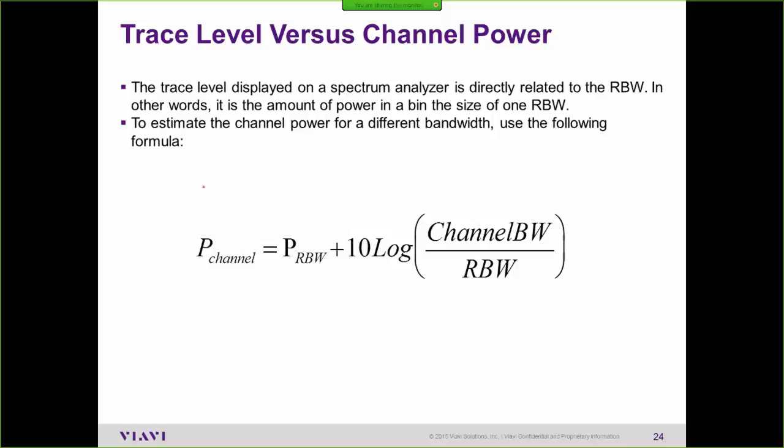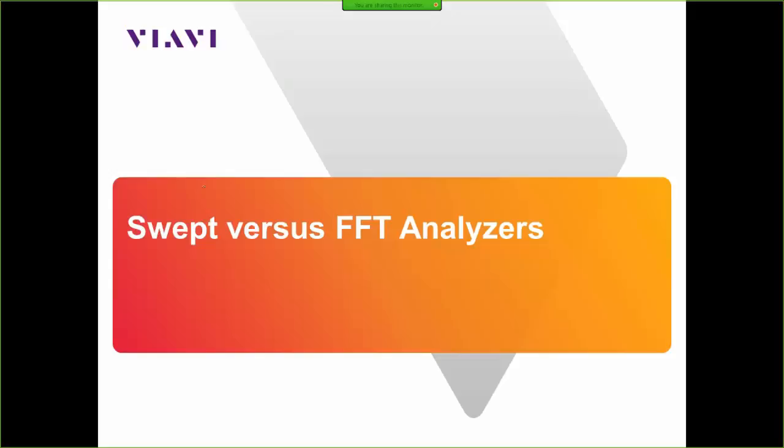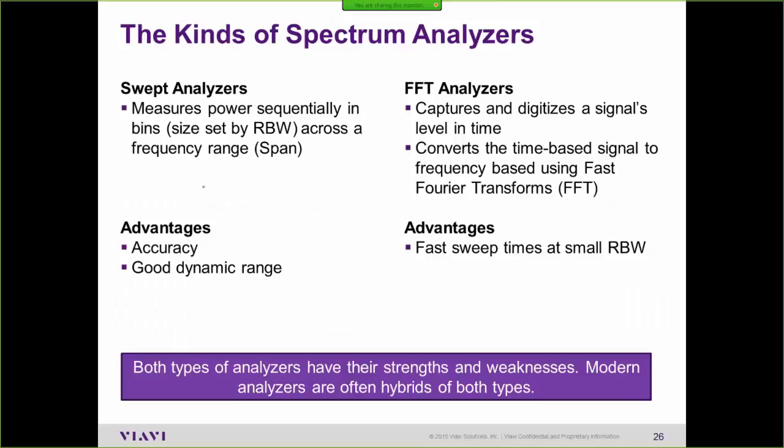It uses a completely different method, and because of that different method, it's much faster at very narrow RBW. So if you crank down the RBW to 1 kilohertz on a wide span, it's going to take a while to sweep. And if you're doing something like hunting for interference, it's just too slow to be usable.